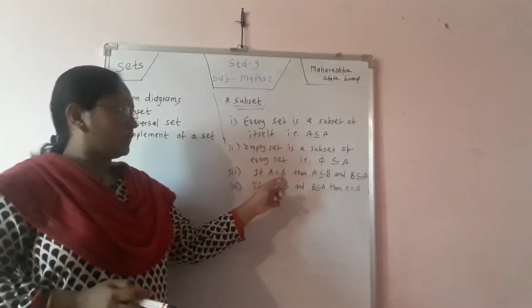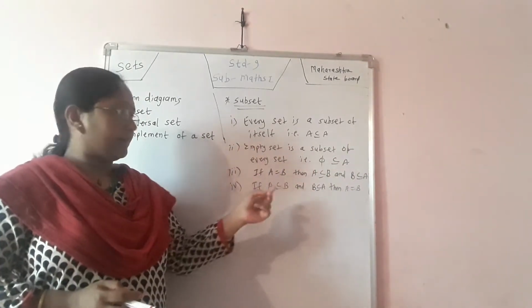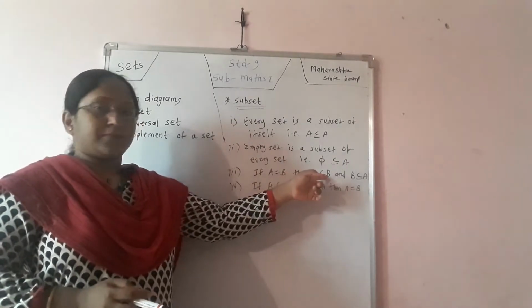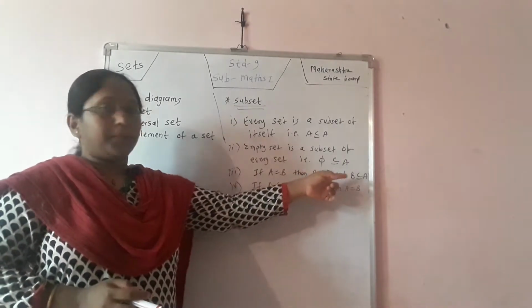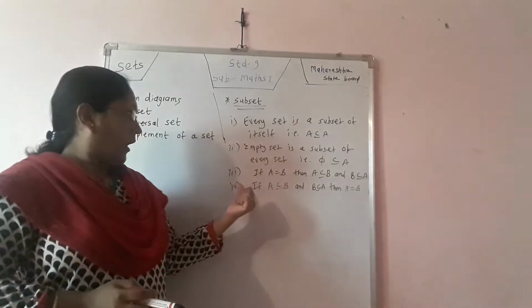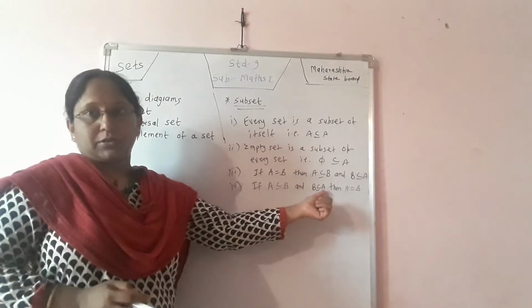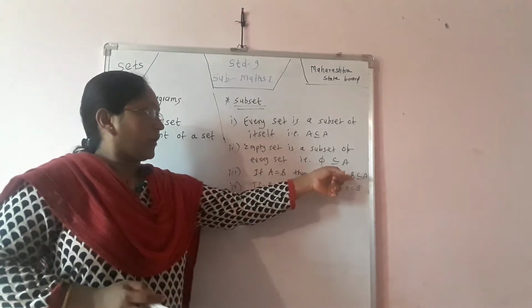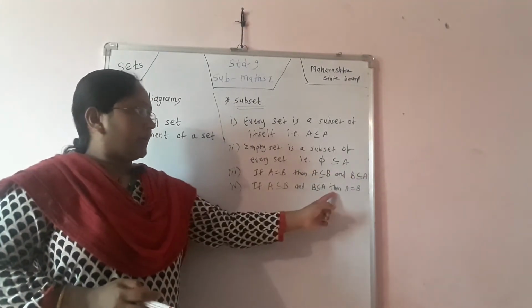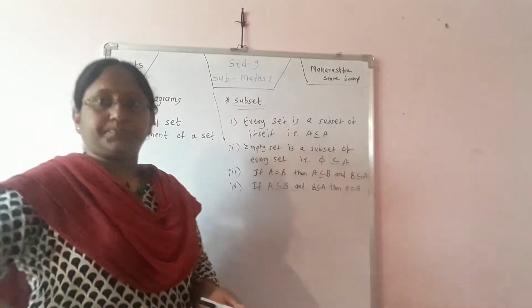Third, if A is equal to B, if two sets are equal, then A is a subset of B and B is a subset of A. And fourth property, the opposite of that: if A is a subset of B and B is a subset of A, then A is equal to B.